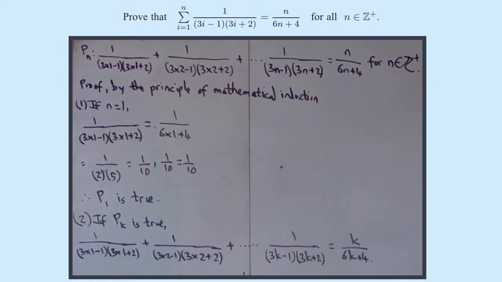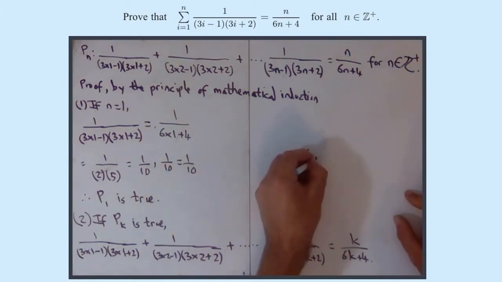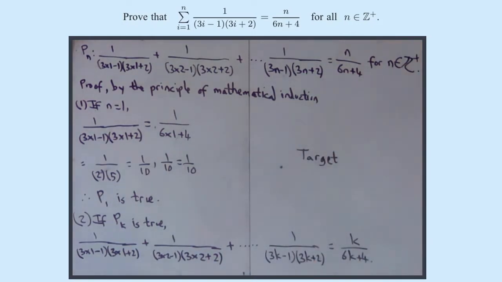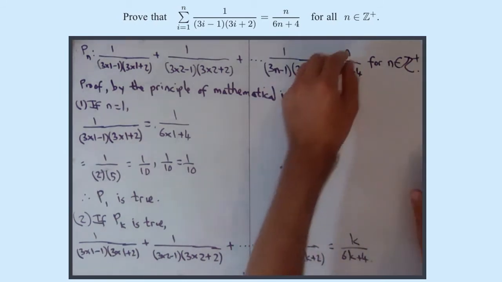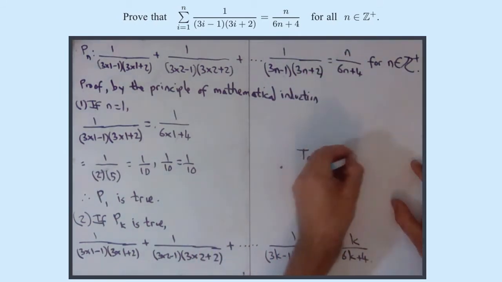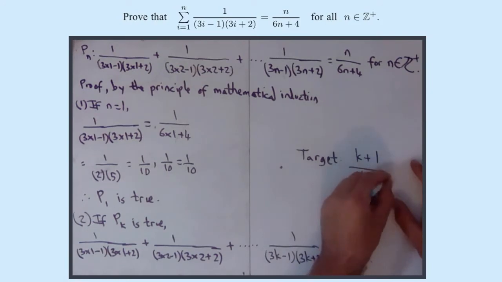Right, I might actually just think about our target. When we get an expression for Pk plus 1, remember we always want to know what we're aiming at, and then we can do the algebra to try and get there. So the target is going to be this, but wherever you see an n, it's k plus 1. So the target is going to be k plus 1 over 6 times k plus 1 plus 4.